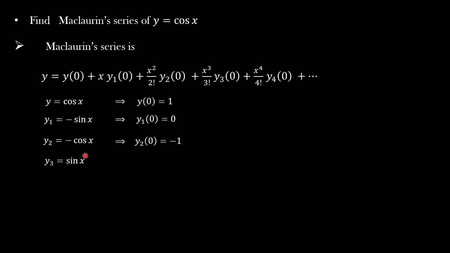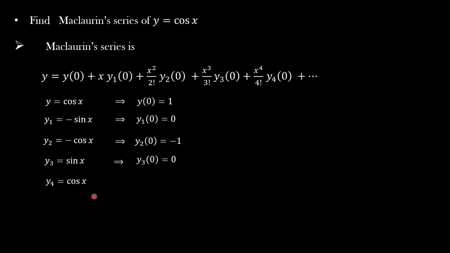y3 is equal to derivative of cos x is minus sin x, but 1 minus sin is already outside, so it becomes plus sin x. Therefore, y3 is sin x, which implies y3 of 0 is 0. Similarly, y4 is derivative of sin x is cos x.